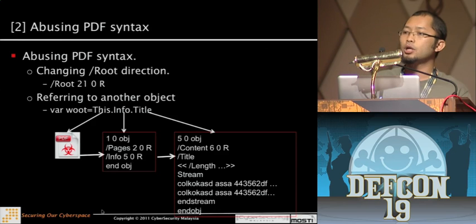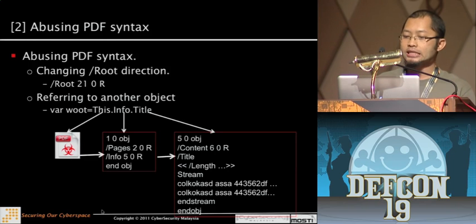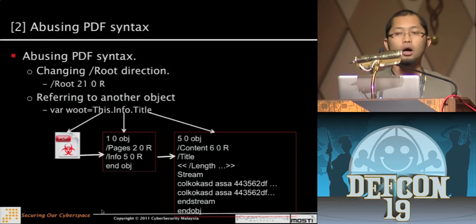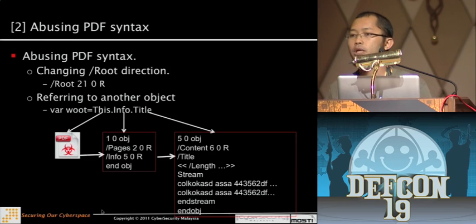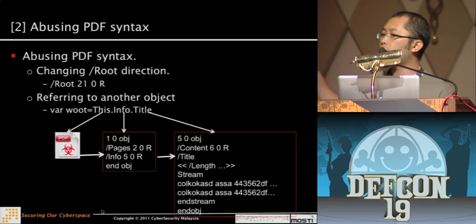And the second normal obfuscation that we saw is about abusing the PDF syntax. For example, if you notice the /Root over here, which I mentioned earlier, the startup of the PDF normally starts with the /Root. At the beginning, you need to go to root. And this one specifies that the starting point of this PDF is always going to refer to object 21.